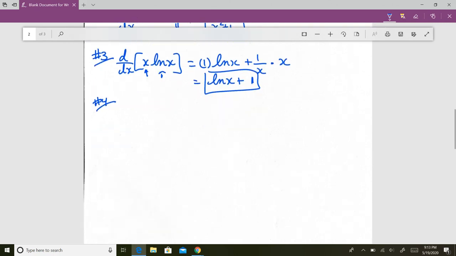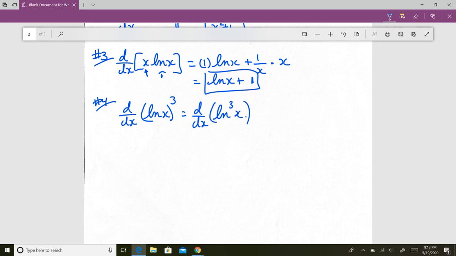Number 4. The derivative of the natural log of x, all cubed. So this is the same as writing the derivative like that, although you don't see it that often. It's the same thing. The 3 on the natural log. So this is a chain rule problem. 3 falls down.